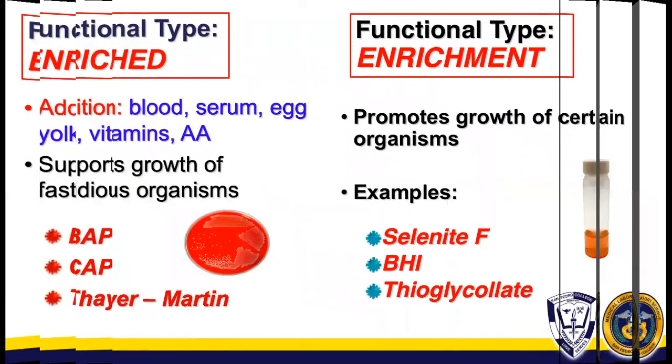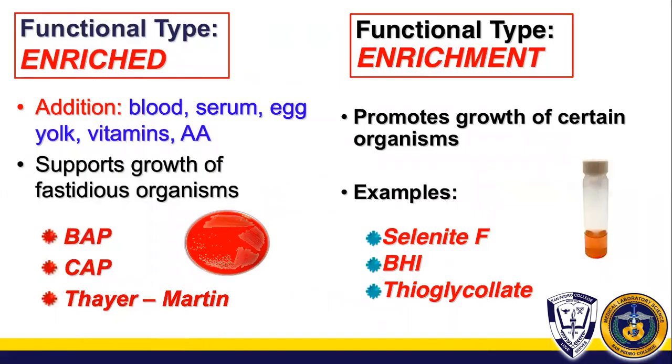Then we have enriched and enrichment. Again, the difference is that enriched is solid, while enrichment is liquid. So the addition of extra nutrients in the form of blood, serum, egg yolk, vitamins, and amino acids will make a basal medium enriched.